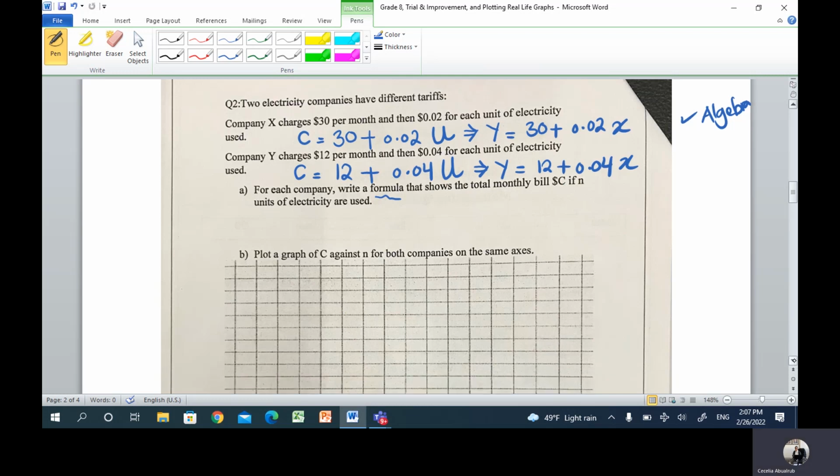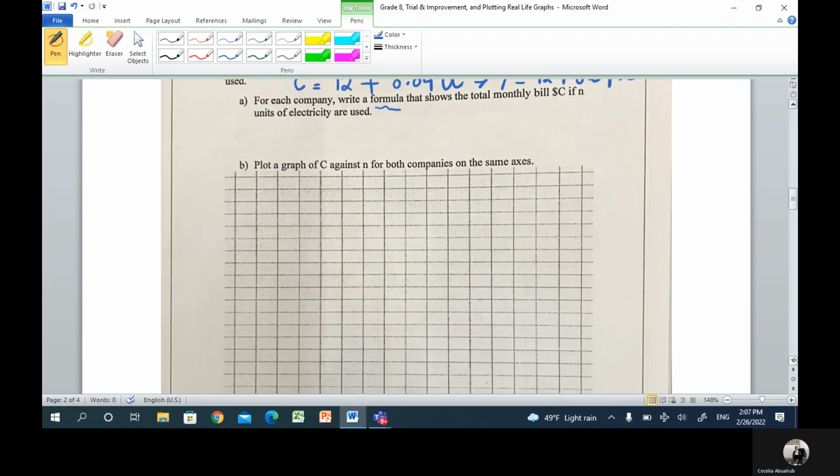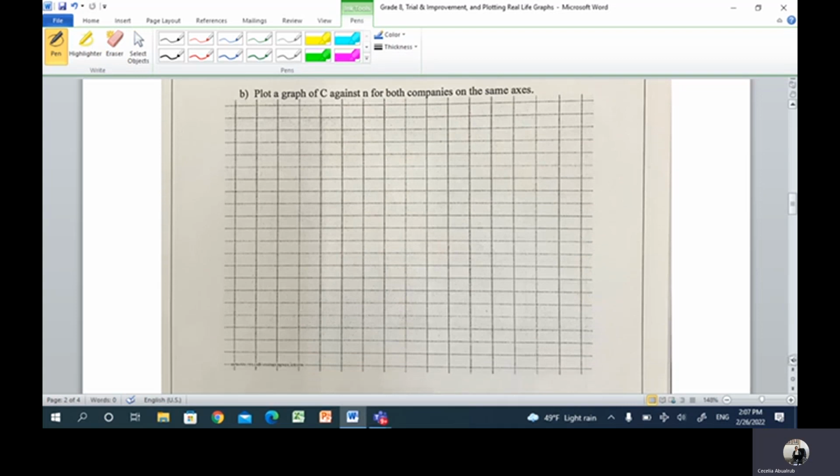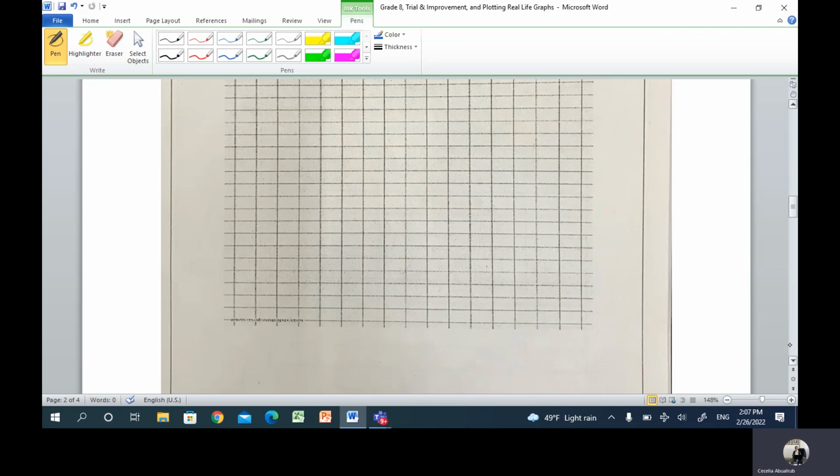In this case, we're going to choose the X and Y efficiently, in a way that makes the plotting easier for me. So this is the first table, and here is X, here is Y. X is basically the units, and Y is the charge.